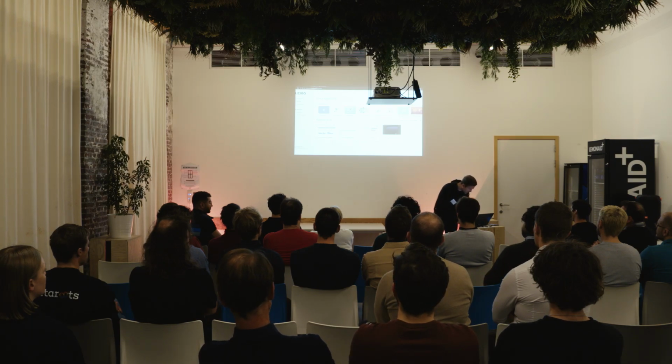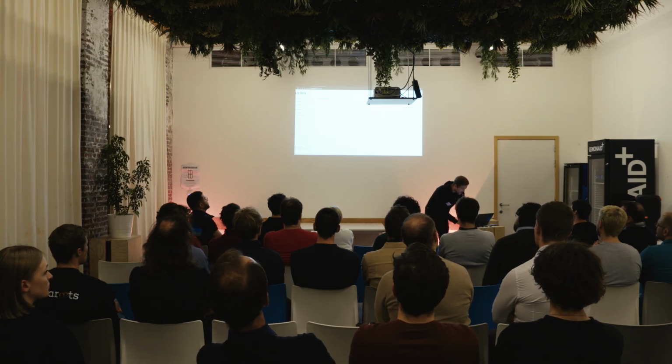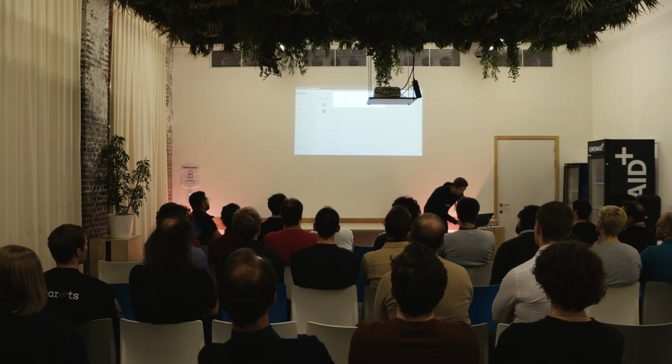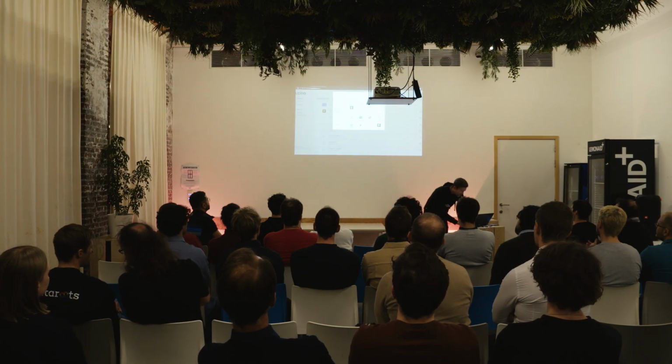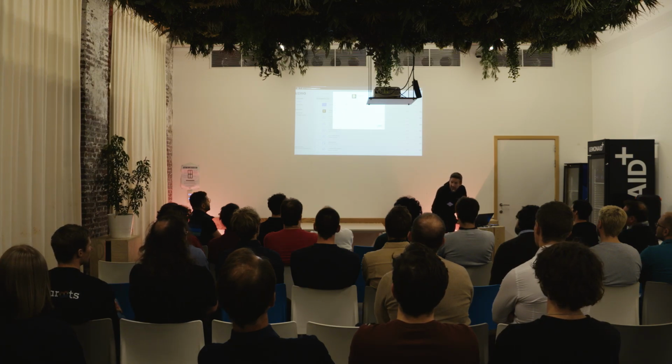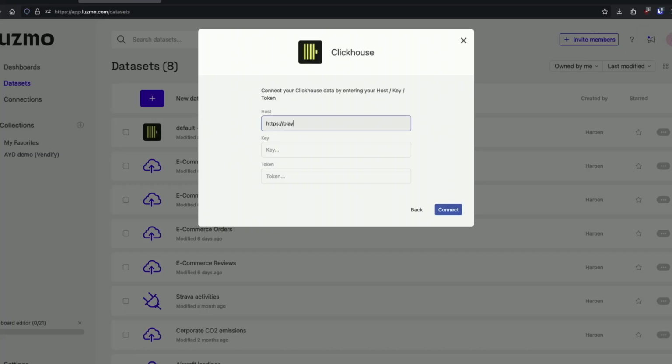So just to very quickly show you the interface, it's slightly more tangible. What I can do here is, for example, connect to ClickHouse. We are at a ClickHouse event, so let's just connect to the playground of ClickHouse. It's a nice environment if you don't know it yet.